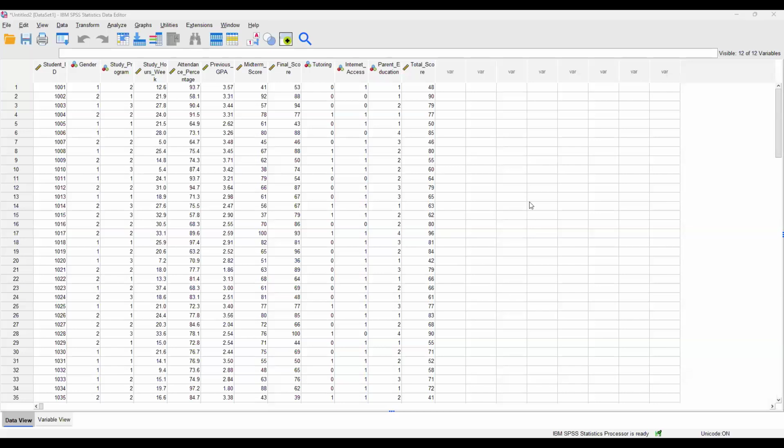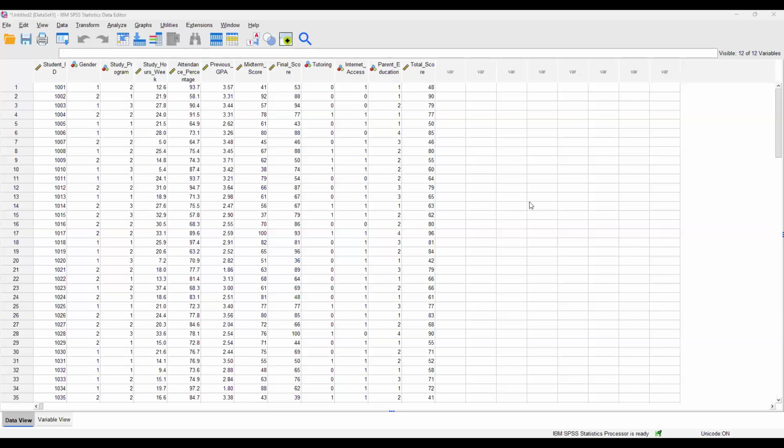Can you name some categorical variables here? There are a number of categorical variables. Study program, okay. Gender, okay. Age is not a categorical variable here; age is in numbers.